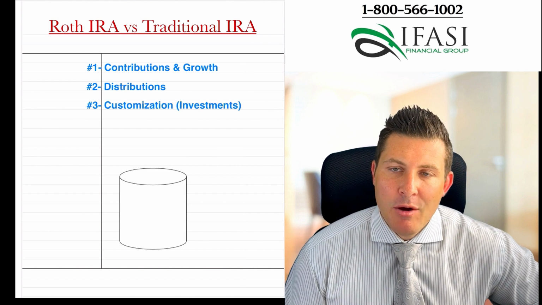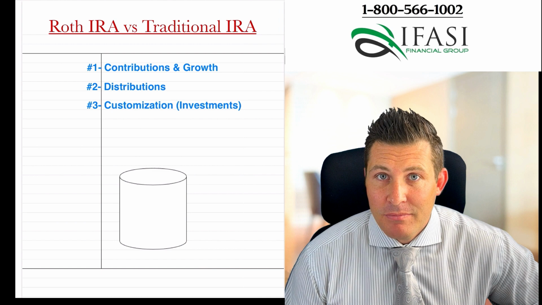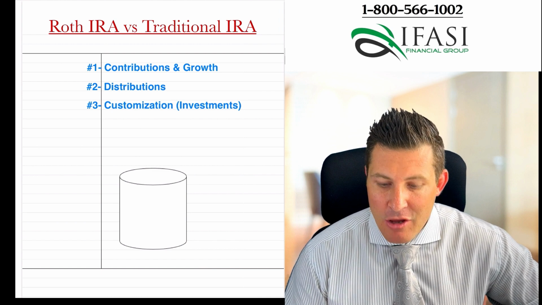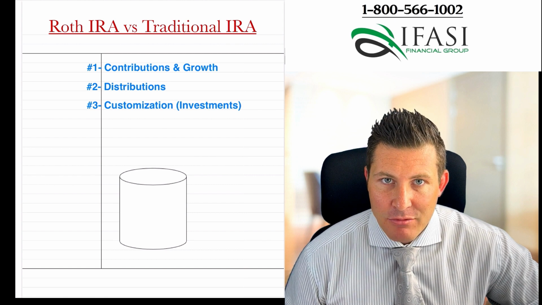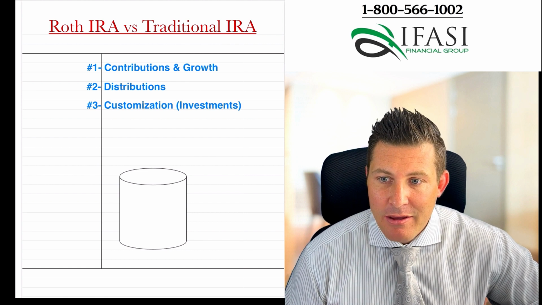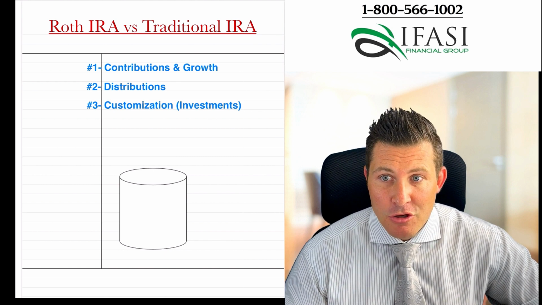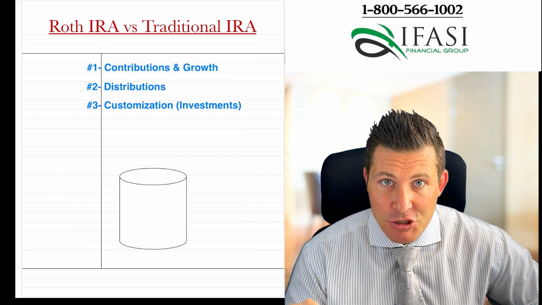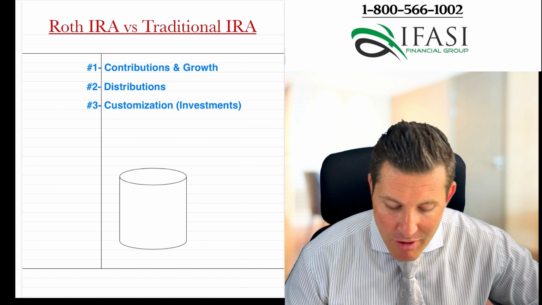The number 3 key takeaway between a Roth IRA and a traditional IRA is customization, and basically how somebody can create different growth strategies within their IRA accounts, Roth IRA or traditional IRA. These are the similarities between the two, because you could create the same sorts of strategies in a traditional IRA as you can within a Roth IRA.